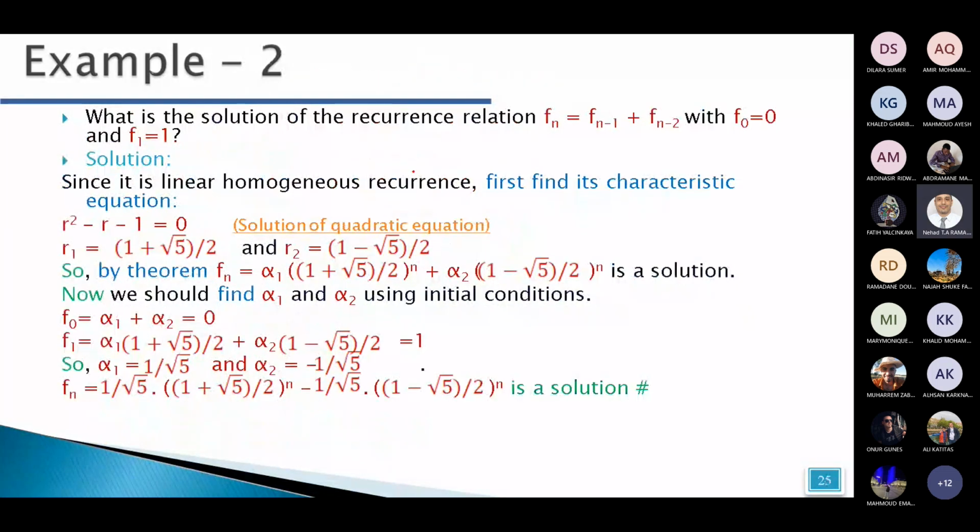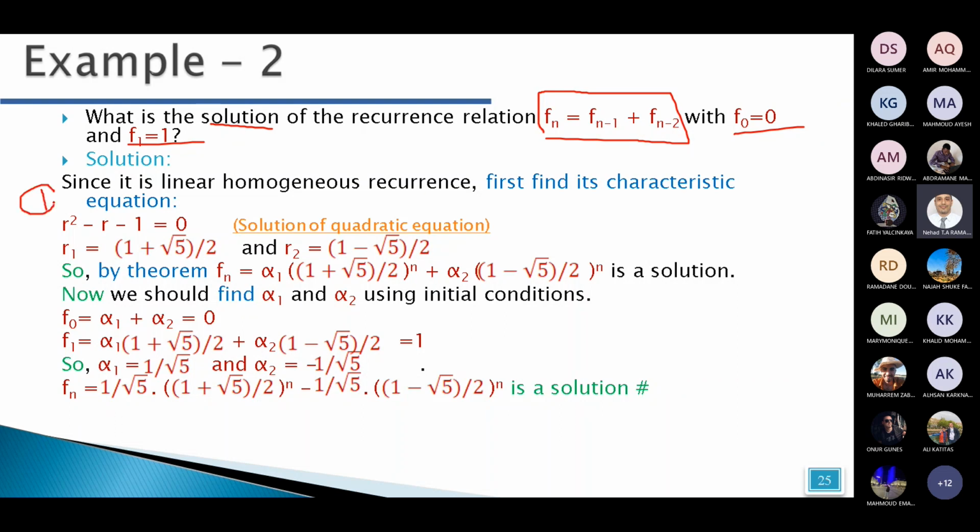Let's take another example. In this example, we have this recurrence relation, and we need to solve it or to find the solution for it. And we have this initial value. Same idea. First step, what? Find the characteristic equation.